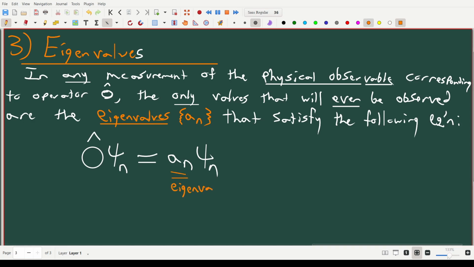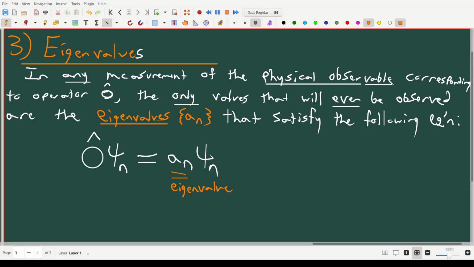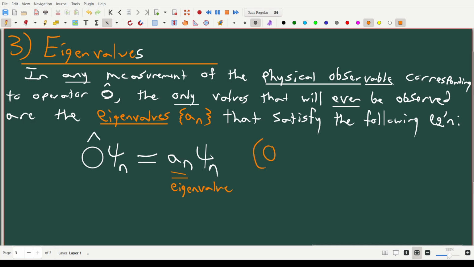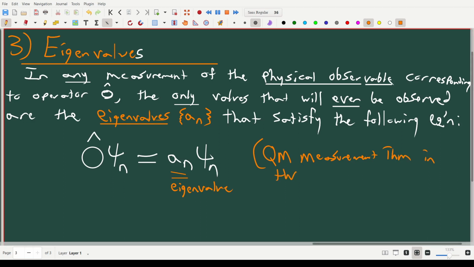This is just the quantum measurement theorem from problem set 1. Now I've given it a different name, because in homework 1, same idea.